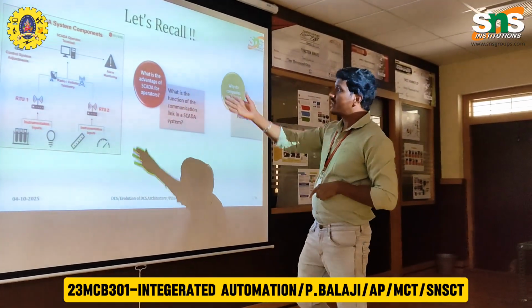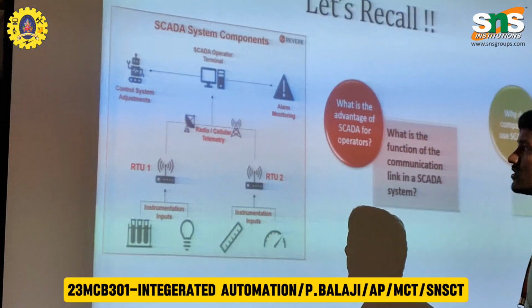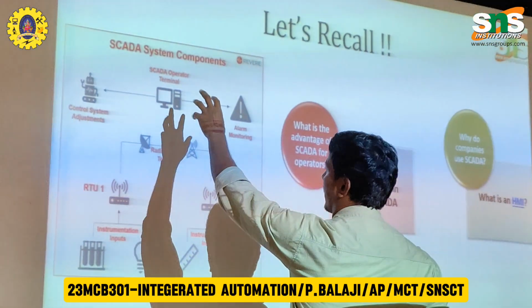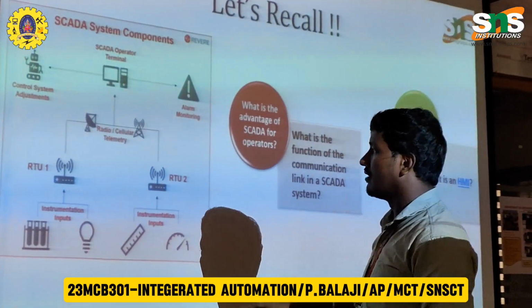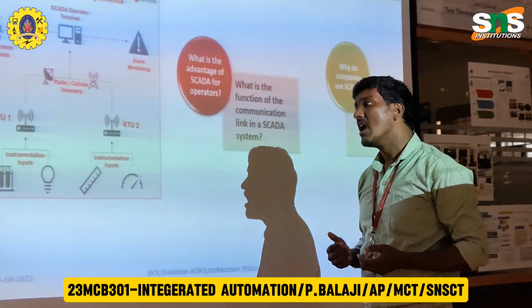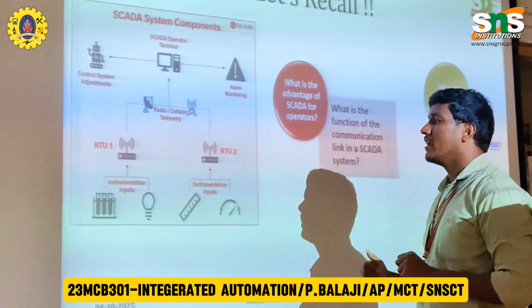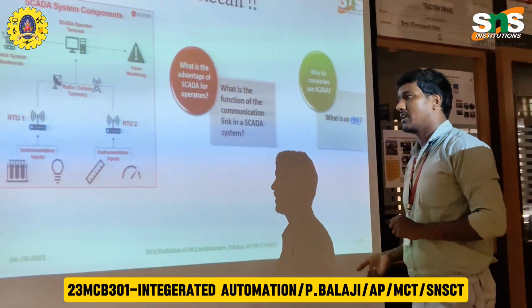You can see some SCADA system components on the screen. We have the main SCADA operator, remote terminal units, which may be any kind of PLC system, and output devices, which may be any kind of sensors or actuators.